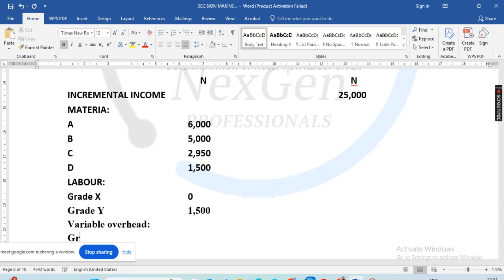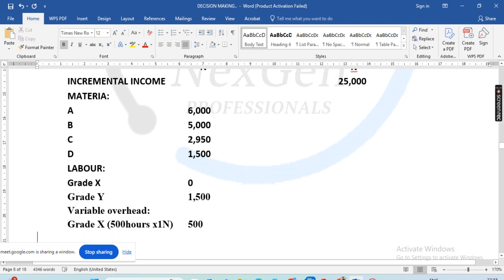Grade X, we require 500 hours times 1 naira, which is 500.